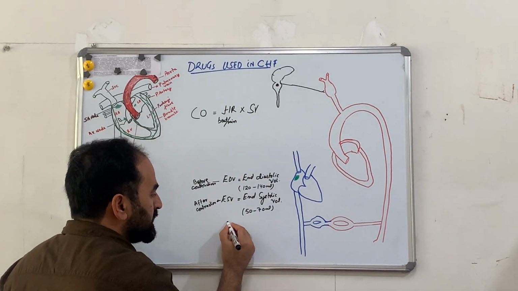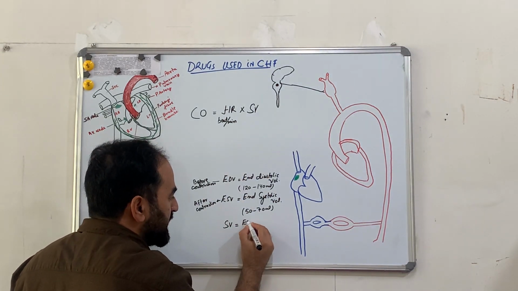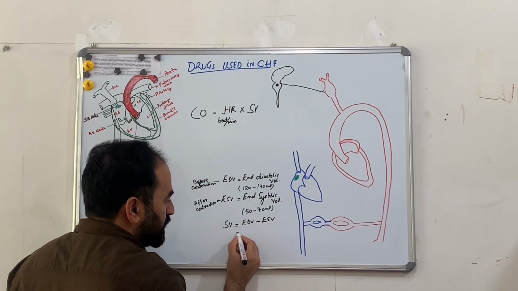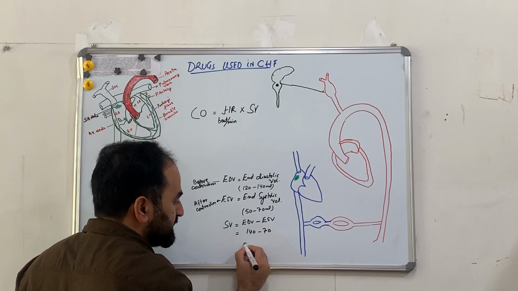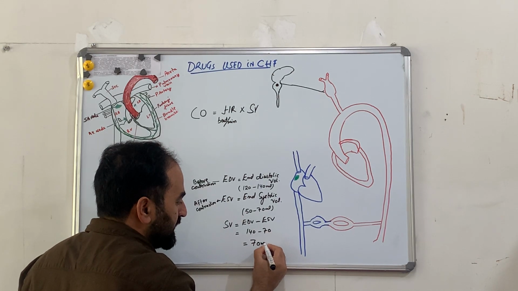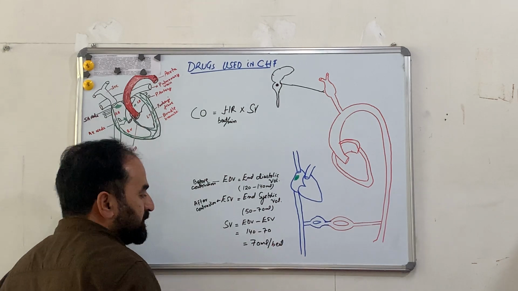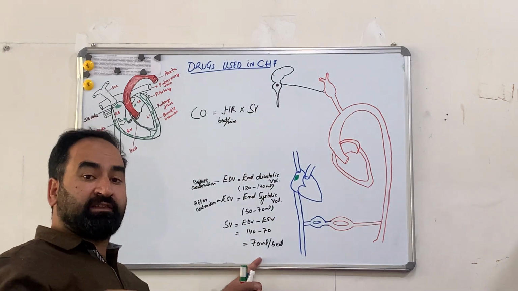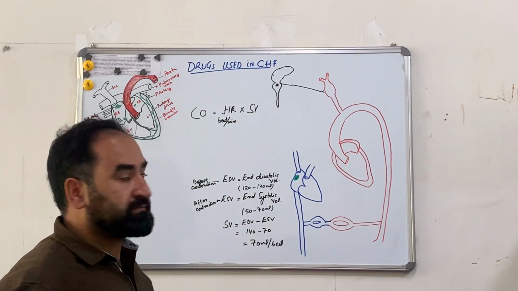So stroke volume is equal to end diastolic volume minus end systolic volume. For example, 140 minus 70 is 70 ml per beat. That means it is the total volume of blood ejected by your ventricles per beat.